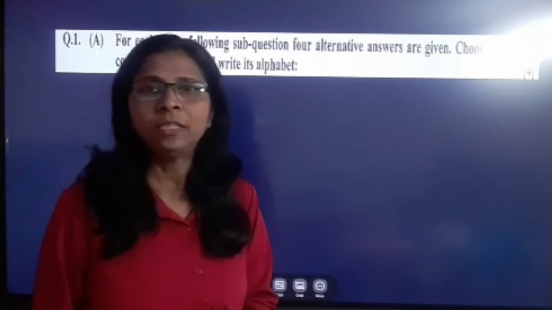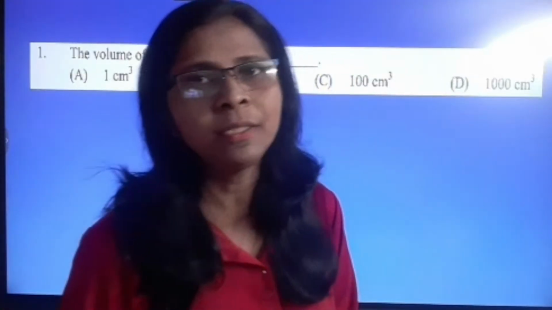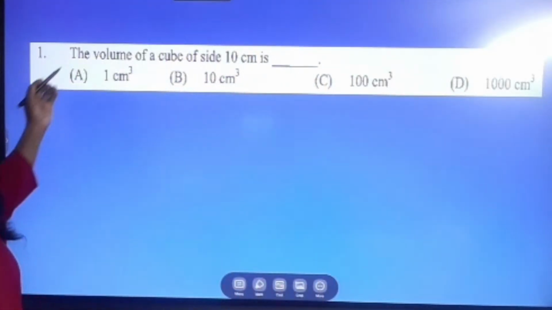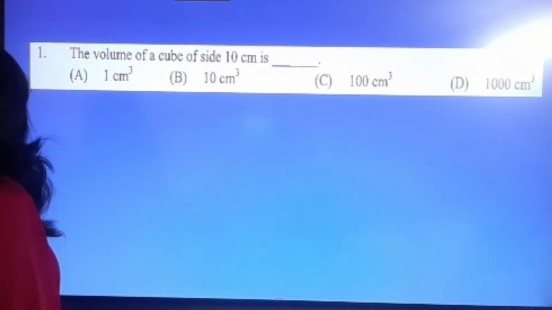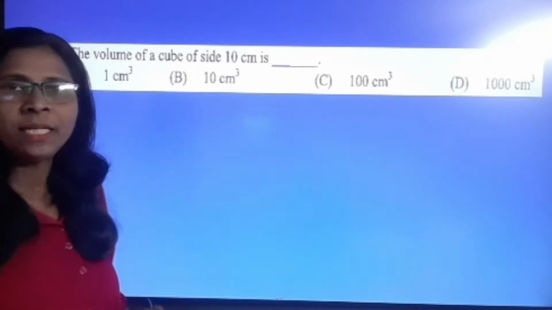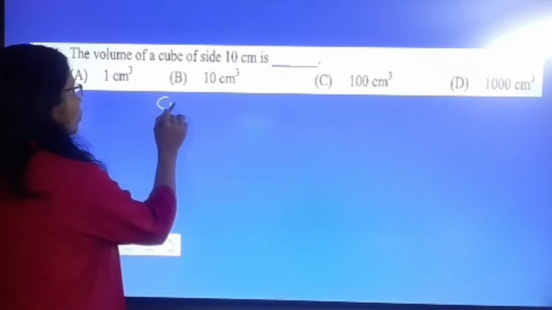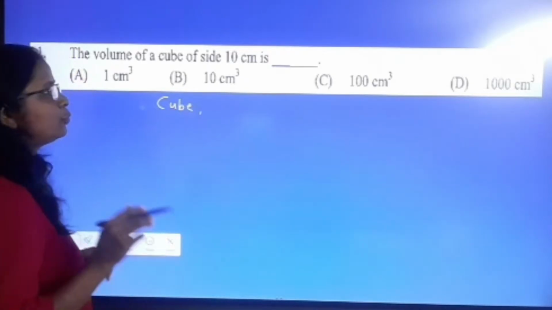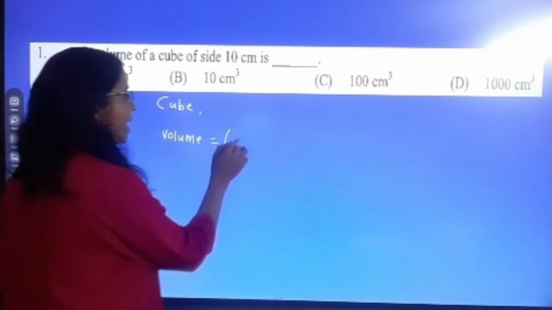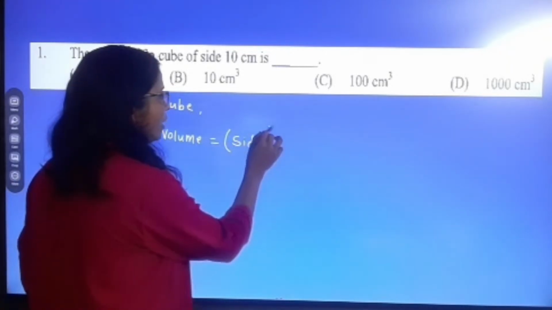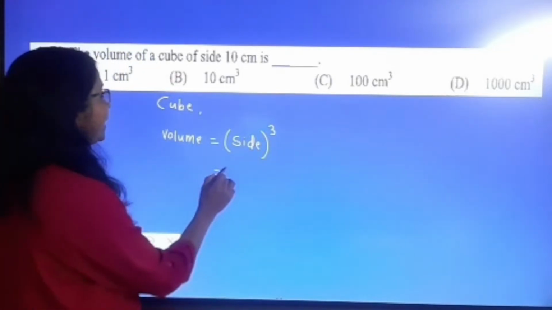So now see the first question, first A. The volume of a cube of side 10 centimeter is. This question arises many times, students. We know about the cube that if we have to find the volume, then the formula is the cube of the side. So volume of the cube is equal to the cube of the side, and the side is 10.